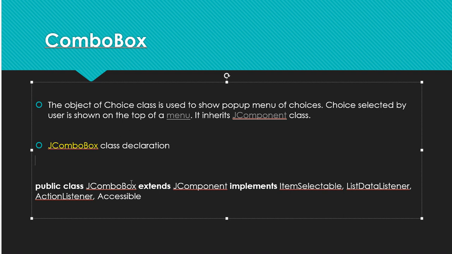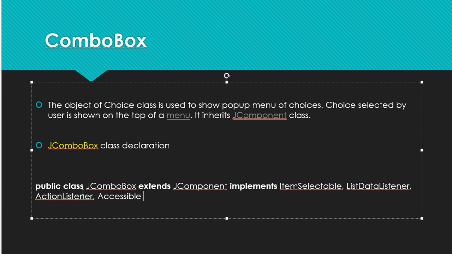This JComboBox can extend JComponent, which means inheriting. In the definition itself you have seen that it inherits JComponent, right? So it extends JComponent, and JComboBox can implement ItemSelectable. It is an interface, and it can implement ListDataListener, ActionListener, Accessible.